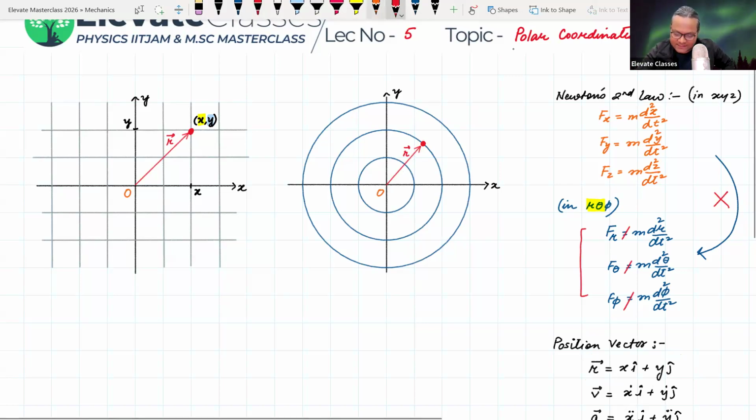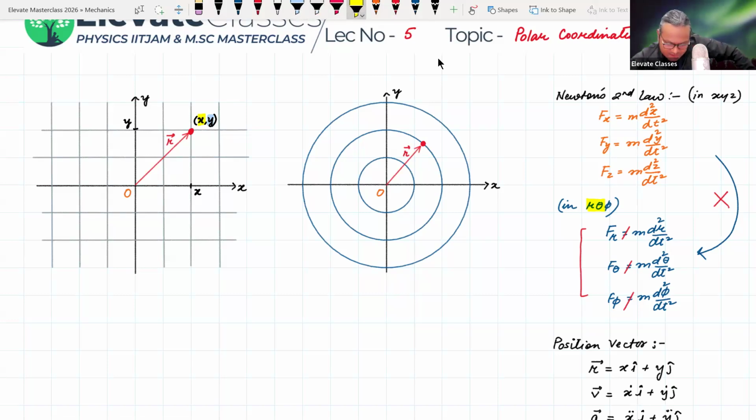Okay, so the radial axis is essentially if I go in this direction, which is the direction of the position vector, this is the radial axis. That's it, nothing else. I hope you can see this.